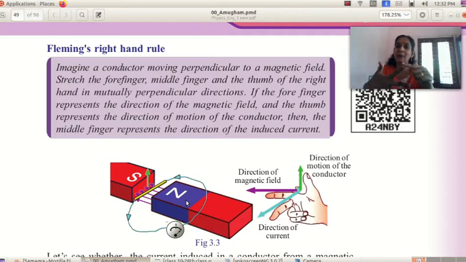Here it is upwards in our picture. The thumb represents the direction of motion of the conductor, that is upwards, isn't it? The direction of motion of the conductor is upwards.